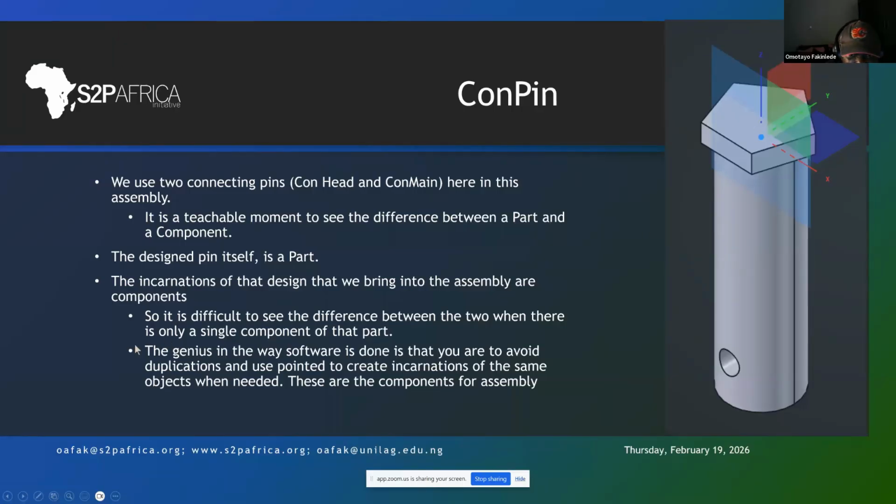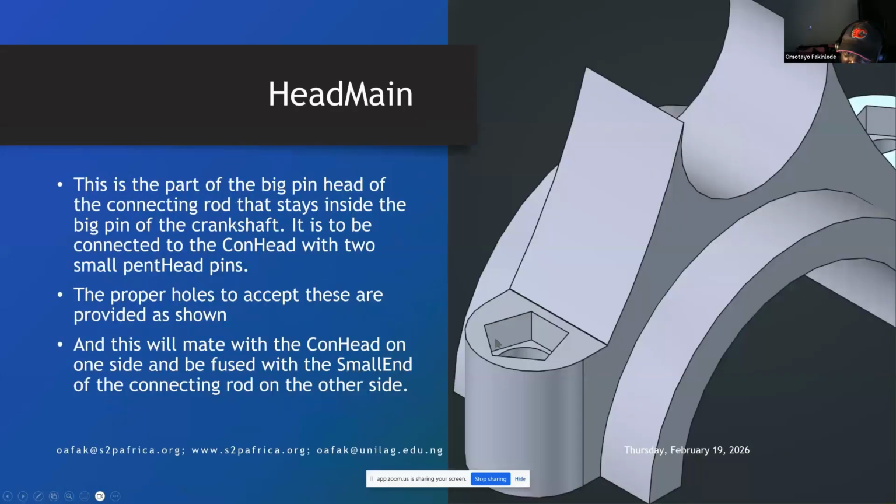It's a teachable moment to see the difference between a part and a component. A design pin itself is a part. Two incarnations of that pin we are bringing to assembly are components. So what we are saying is that when you do this design, what you have designed is a part. But when you bring two of them into the assembly, one here and one here, they are now components.